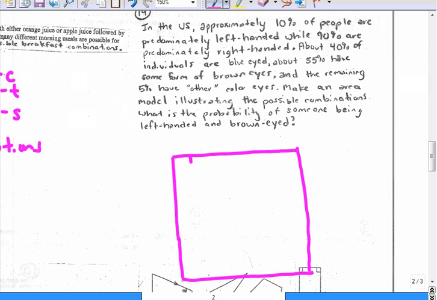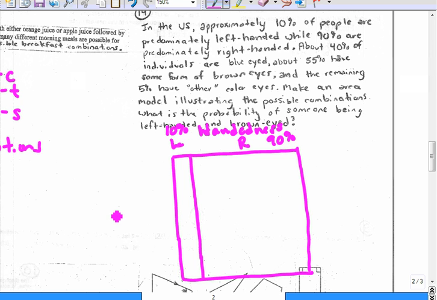So this is about 1/10 of the square. So handedness, left and right. So this is about 1/10. This is about 90%, 9/10. I mean, we can say 90%, or we can say 9/10, same thing.